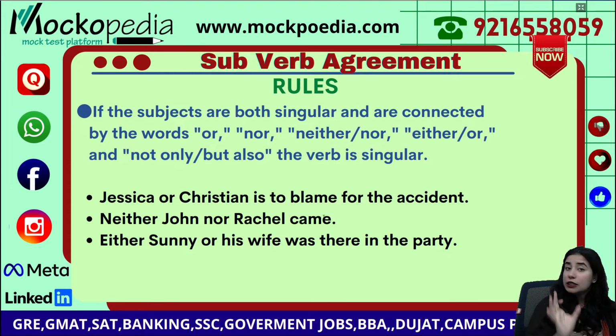Okay, so this is again very crucial and there are a lot of variations to this rule and we are going to gradually explore all the variations, but let's start with this. I'm again repeating, of course we'll make some examples also to elaborate the rule. Whenever you are combining two singular subjects using or, nor, neither nor, either or, not only but also, the verb is going to be singular in nature.